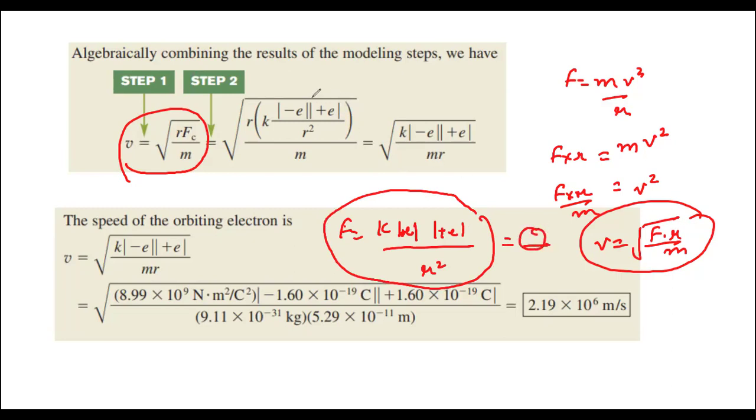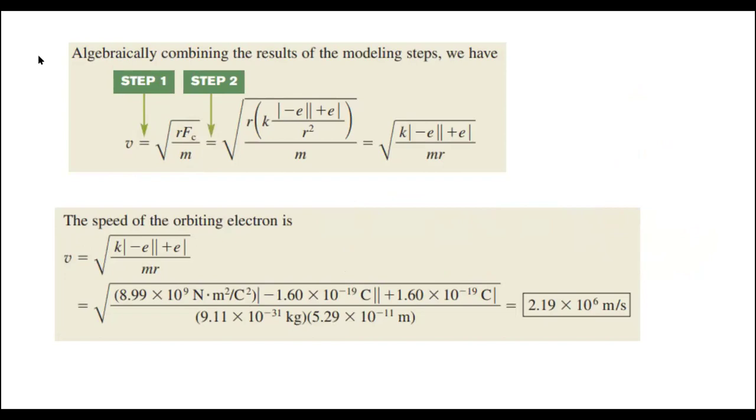What they did here is just plug in the formula and simplify this equation. Feel free to do that, then plug in over here; whichever way is fine, both ways are correct. So this should be the final answer, 2.19 times 10 to the power 6 meters per second.